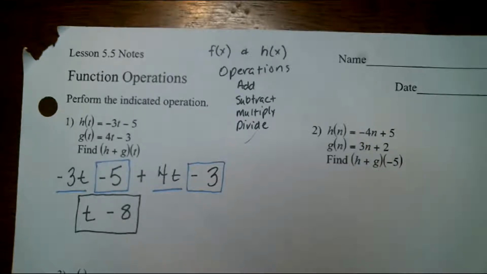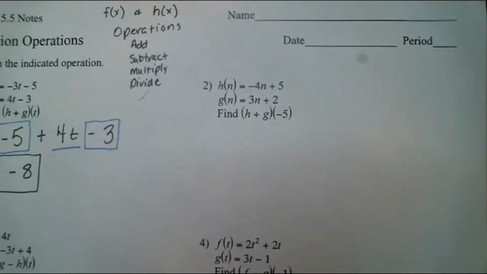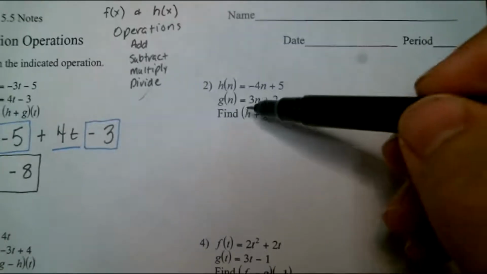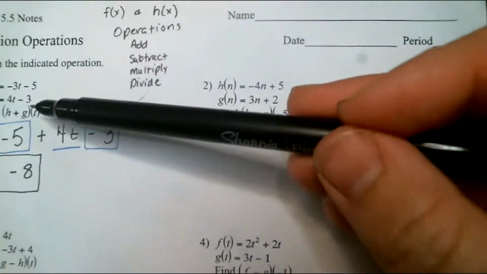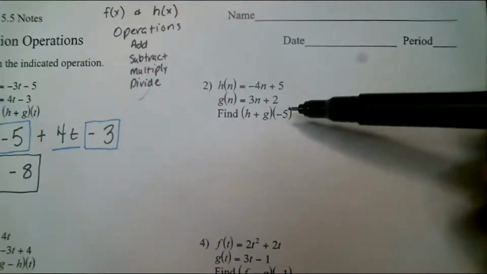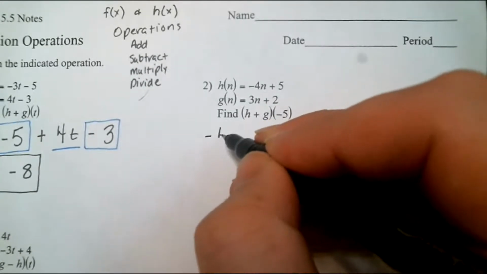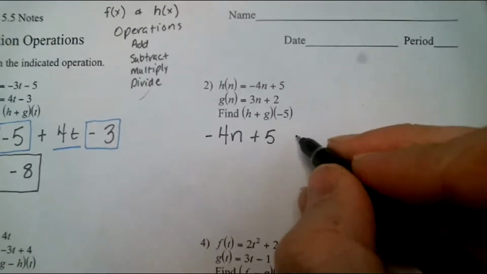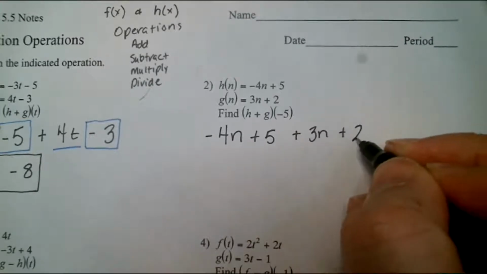Not too bad. Let's look at number 2. Here's h of n, g of n, and it says find h plus g. Now notice over here it said in terms of t, but this is saying in terms of negative 5. Okay, so let's set it up the same way. Negative 4n plus 5 plus 3n plus 2.